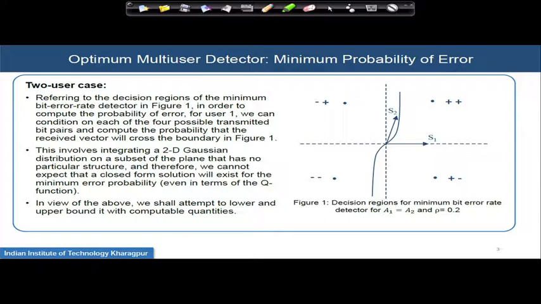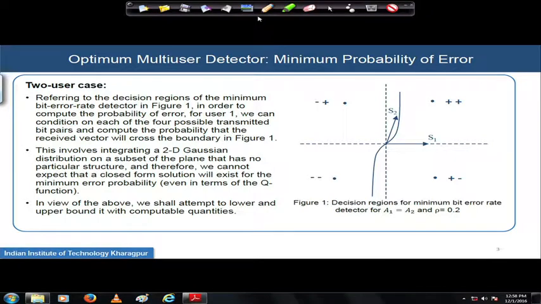So, for the computation of this error probability, we will start with a 2 user case, because it is easy to track and easy to understand, and in future it can be extended to K users. We will refer again to the diagram that we have seen in the earlier discussion, the decision regions of this minimum error probability detector.